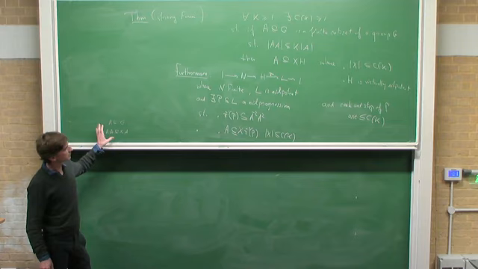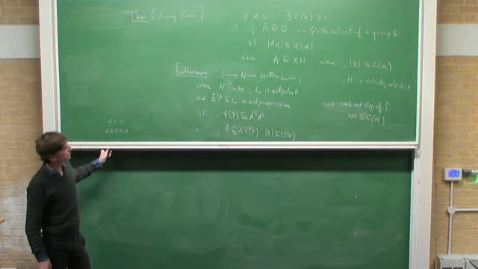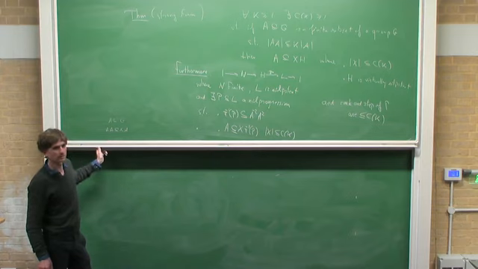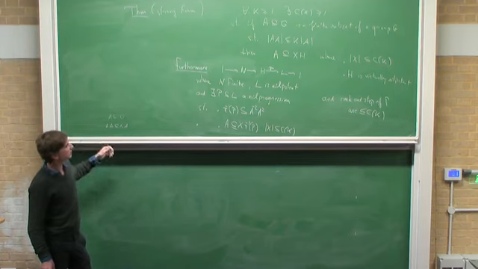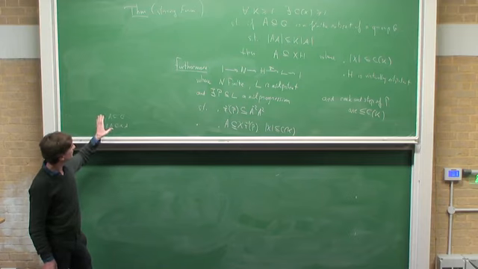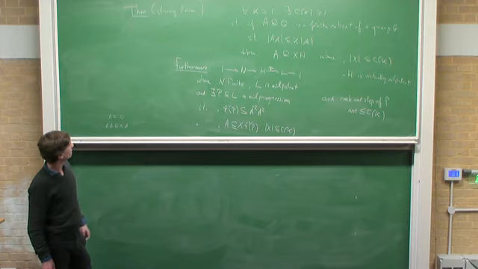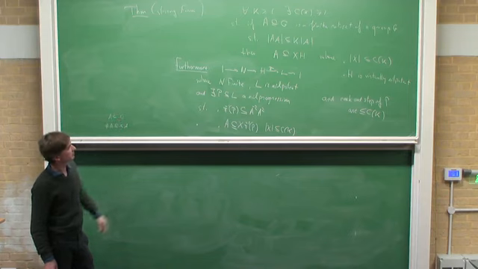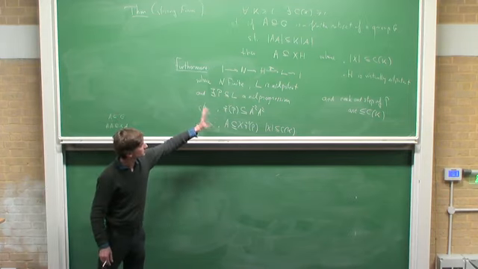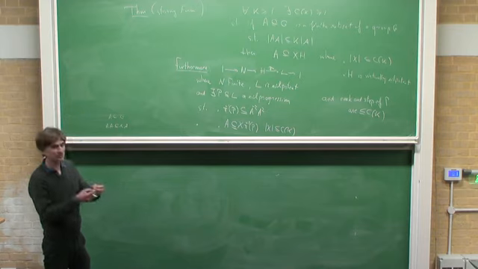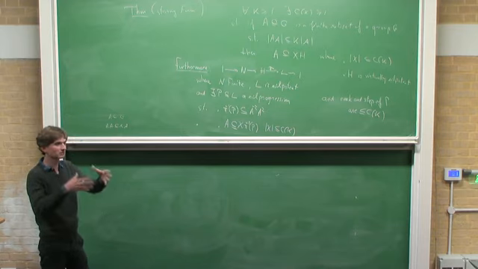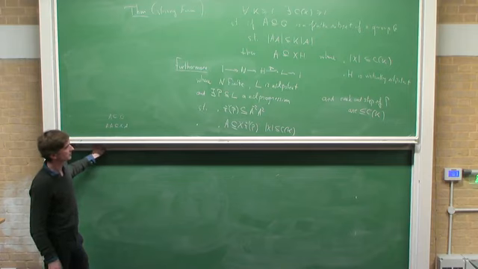And there's a student of Tao who did that. So there is a structure theorem now available for arbitrary approximate groups that are bounded subsets of a locally compact group. It has a bit of a similar flavor, but you need to take into account these neighborhoods of the identity.